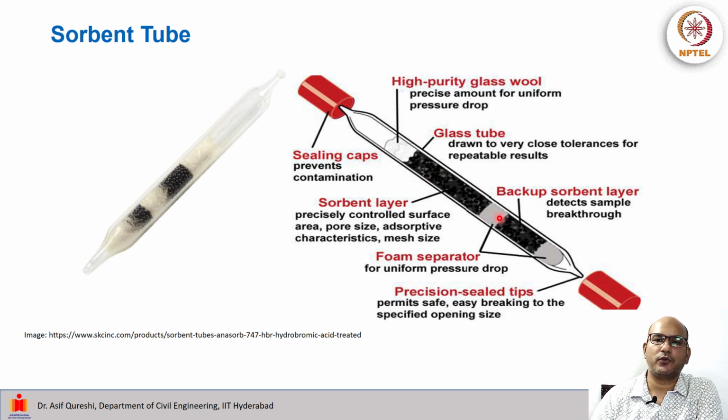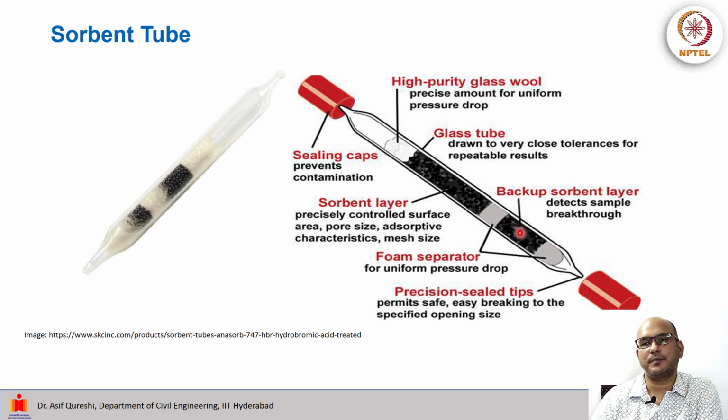Then we have a foam separator and a backup sorbent layer. If our sorbent is perfect, has not saturated, and the flow is not too high, all the VOCs are going to be trapped in the main layer. Ideally, the air passing through this layer should be free of any VOC.